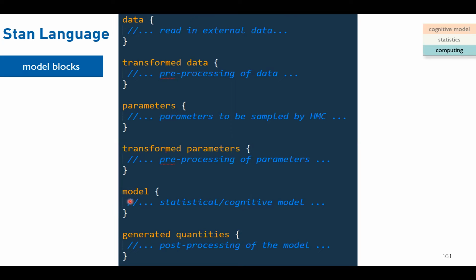After this model block, which is essentially the likelihood, right, we can also use another block to do something interesting. Okay, so those are the blocks. With this roughly half-hour recap, we are about to see what we can debug if the Stan program goes wrong.